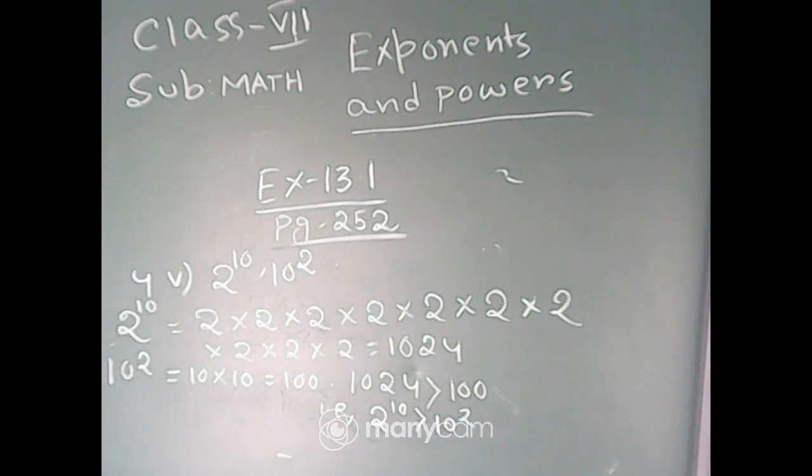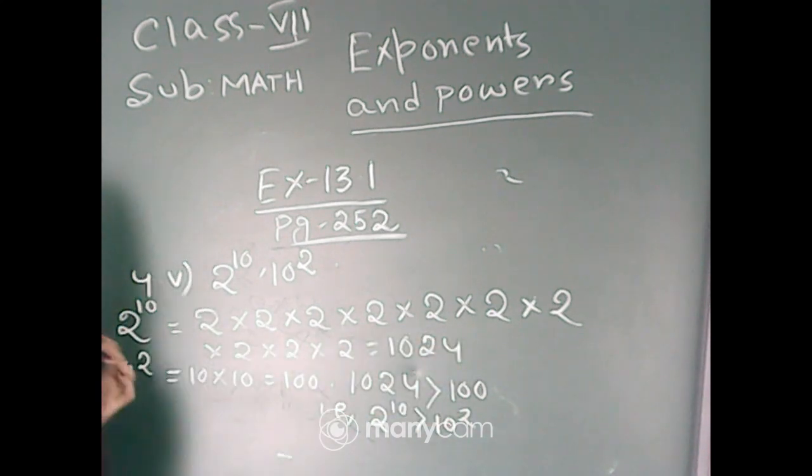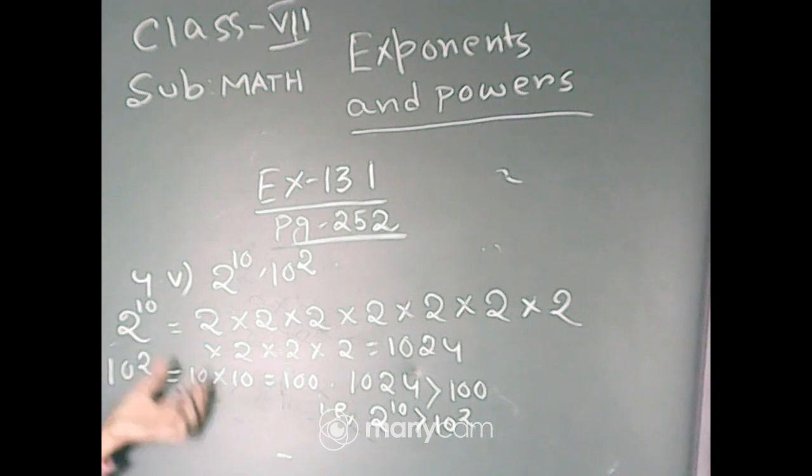Clear? Again I repeat the math. Here the given numbers are 2 to the power 10 and 10 square. We have to identify the greater number. Here 2 is the base and 10 is the power. Since the power is 10, we write 2 10 times, and the value is 1024, and 10 square is equal to 10 into 10.